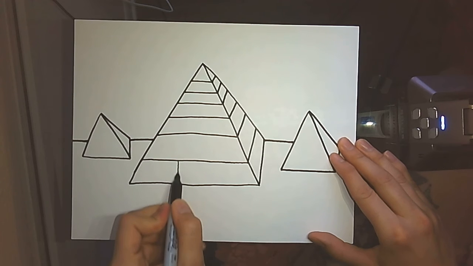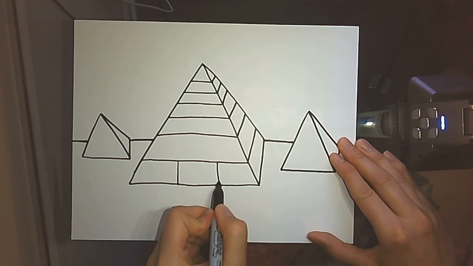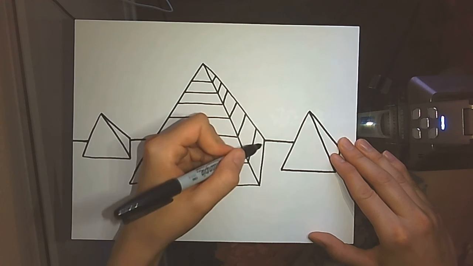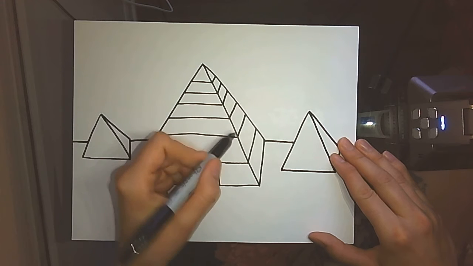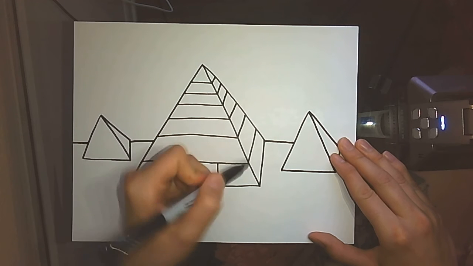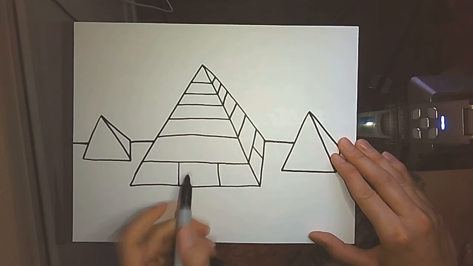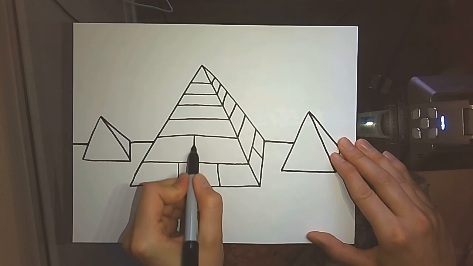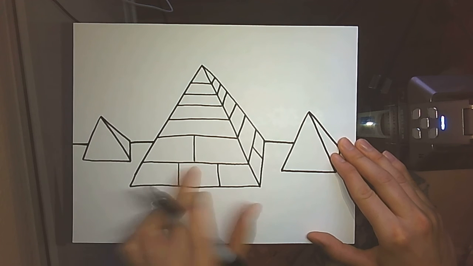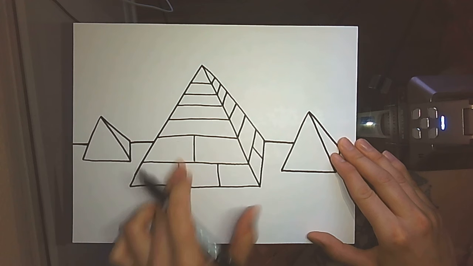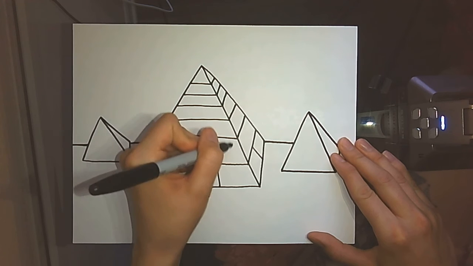So then I go in and add different lines for the other stones. Now this line right here, instead of making it straight up and down, we want to follow one of these lines. This is our main frame line. So it's diagonal. I like to put my stone lines in between one another. That way they don't line up perfectly. Otherwise it looks kind of funny.